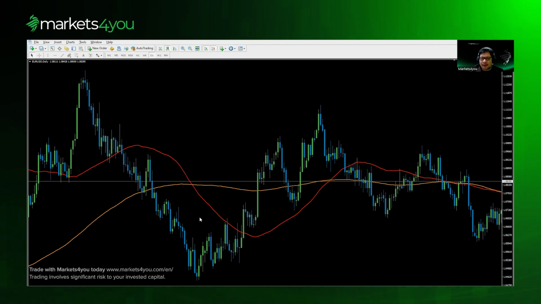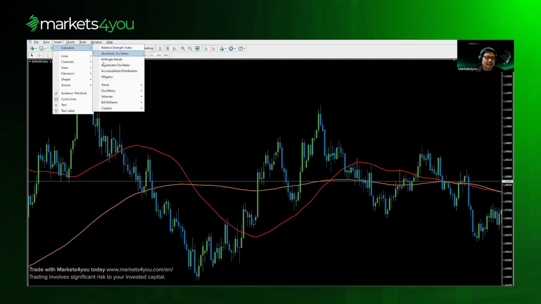So we will have the 50 period moving average, the 100 period moving average, and the 200 period moving average. We already have the 50 period moving average in red, and the 200 period moving average in orange. Now let's add the 100 period moving average using the same steps.